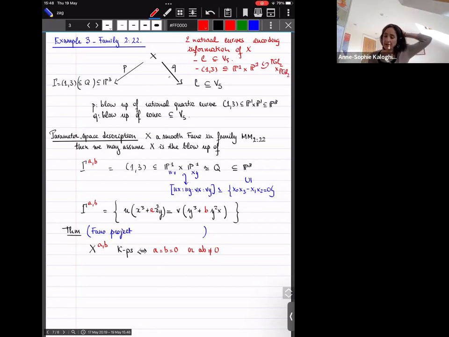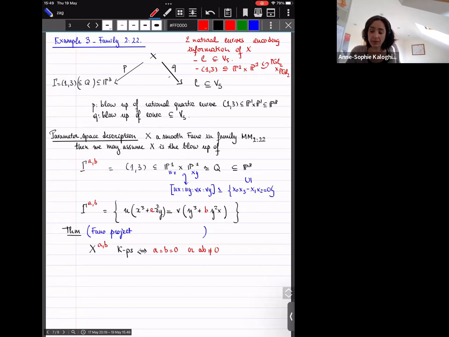So here what we find is that if X is a smooth Fano in this family, we can assume that X is the blow-up of a curve. So we can write gamma as a curve with parameters A and B. Here I'm using the following coordinate description. My curve (1,3) lies on a unique smooth quadric, which I write P1 × P1.